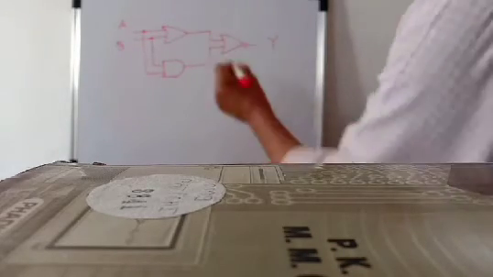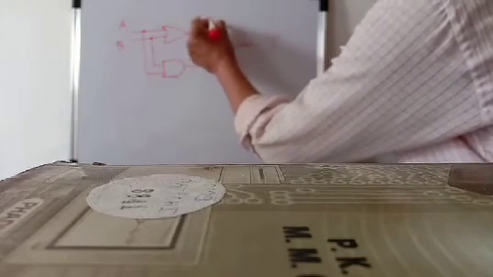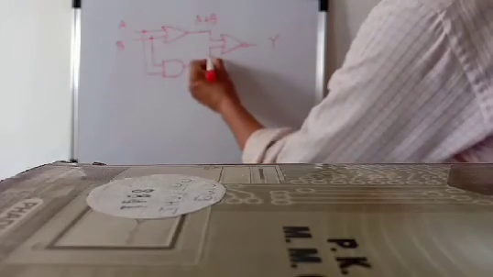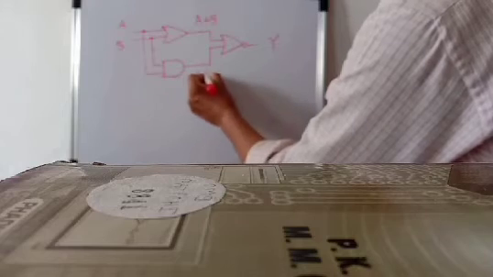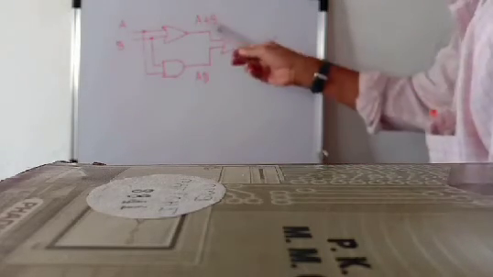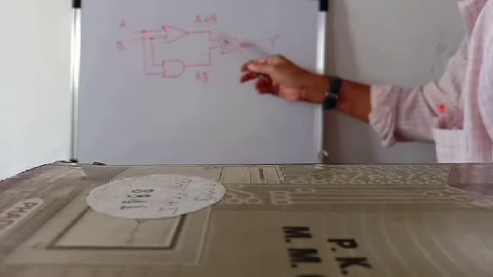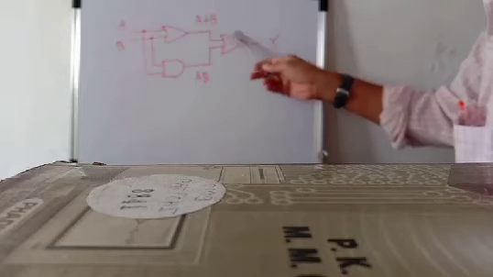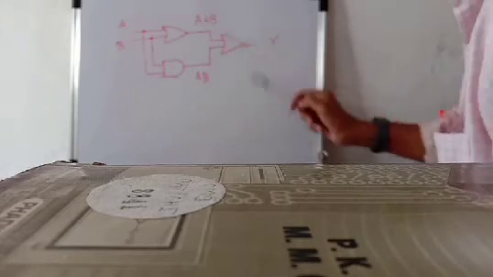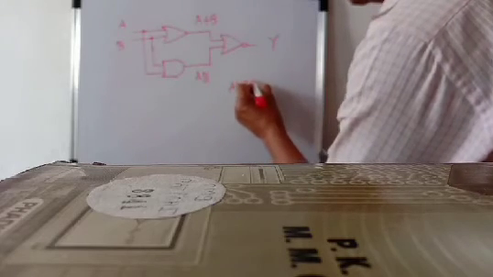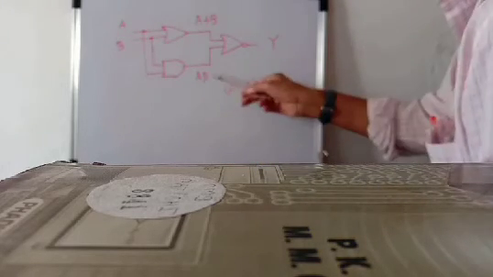So this is the OR gate. The output of the OR gate will be A plus B. This is the AND gate. The output of the AND gate is AB, and this is the NOR gate. Consider this as A and this as B, then the output of a NOR gate is A plus B bar. So instead of A, the input is A plus B, and instead of B, the input is AB.